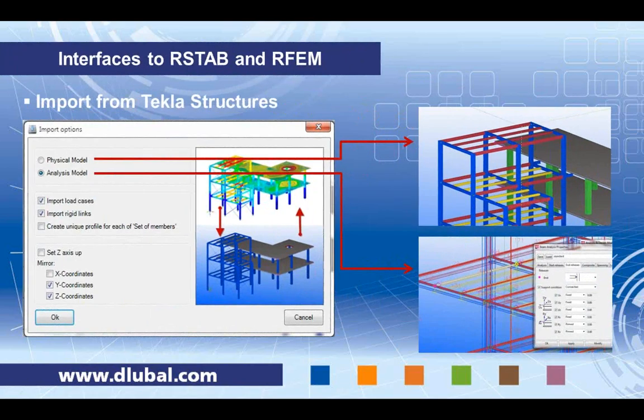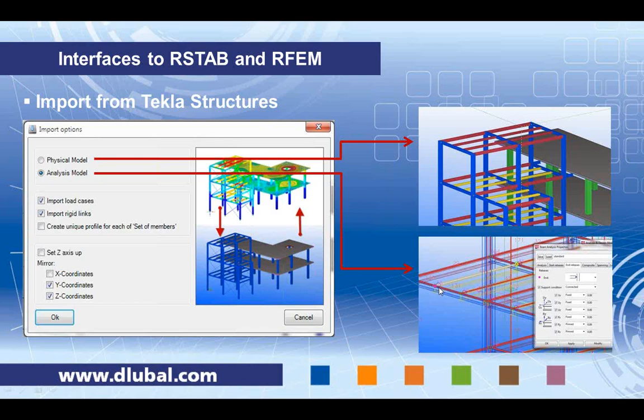When we import a model from Tekla Structures, we can choose between the physical and the analytical model. I explained it a little bit before, but here are some more pictures that maybe give you a clearer picture. We see here, for example, in the bottom picture, an analytical model with yellow and red bars that are shown.